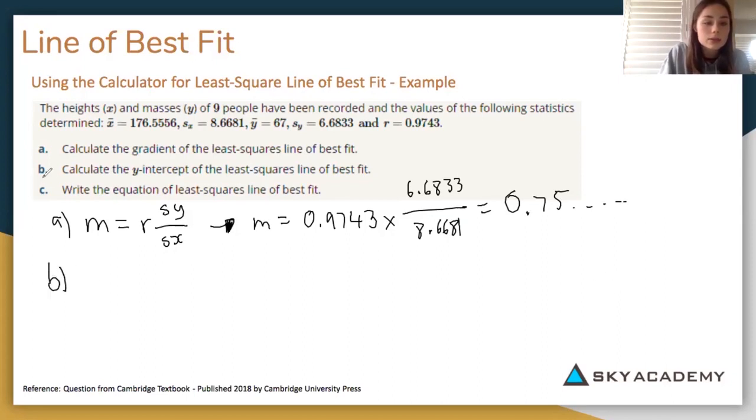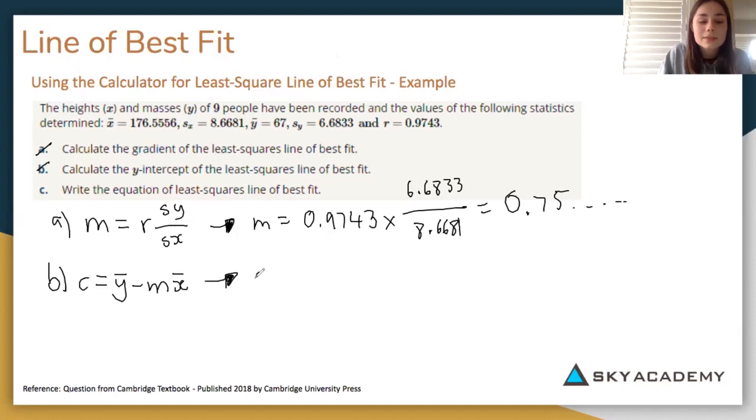Now let's do question B. Calculate the y-intercept, and if you remember, the y-intercept formula was C equals the mean of y minus m times the mean of x.